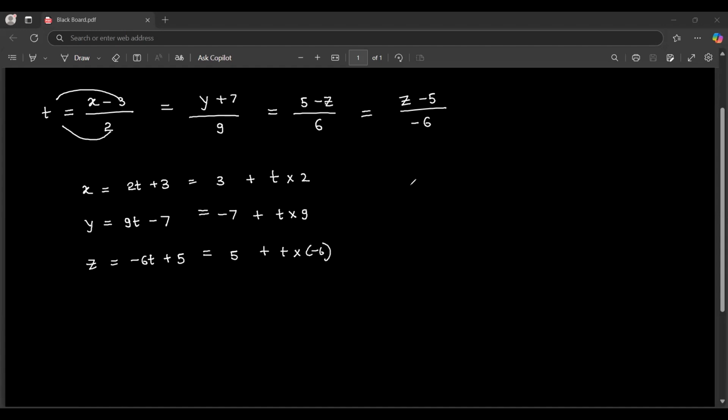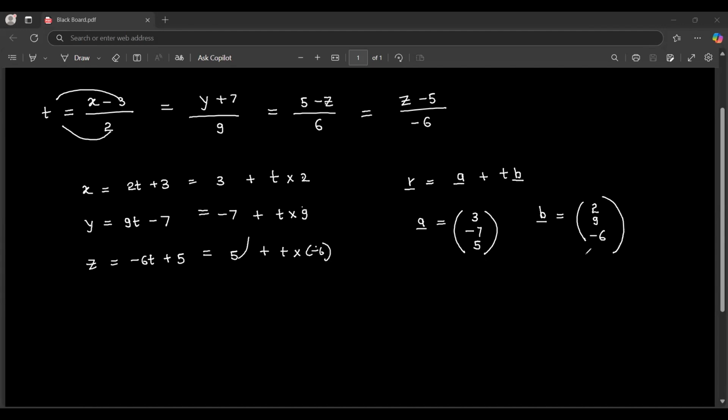Well, then you can say r is equal to a plus tb, where a is equal to (3, minus 7, 5). And b is equal to (2, 9, minus 6).